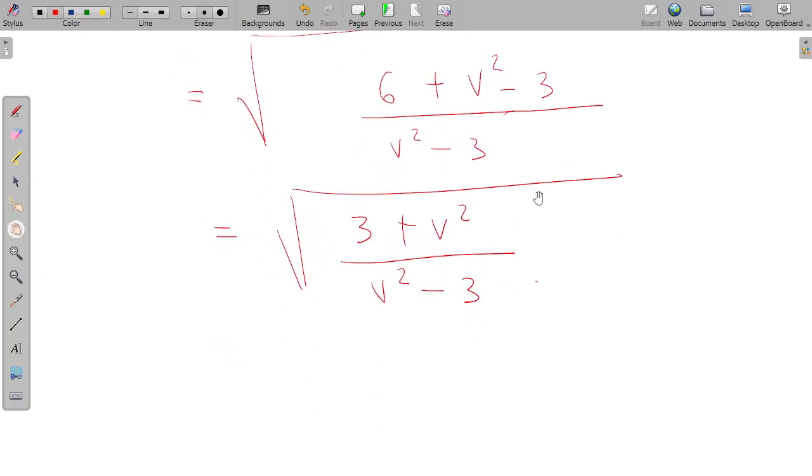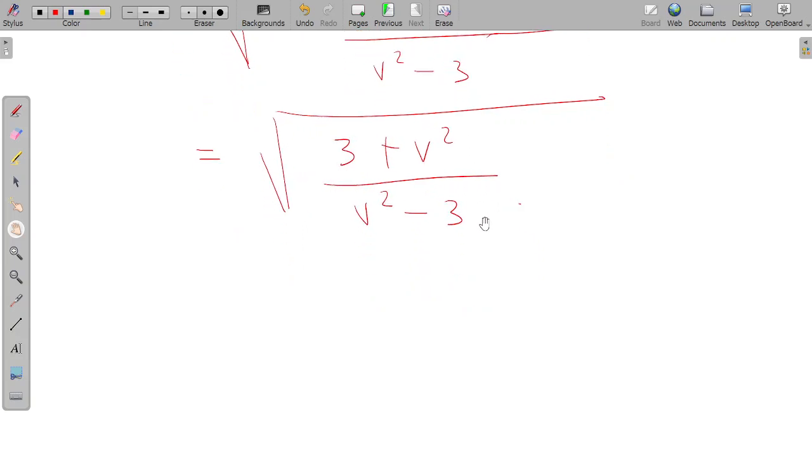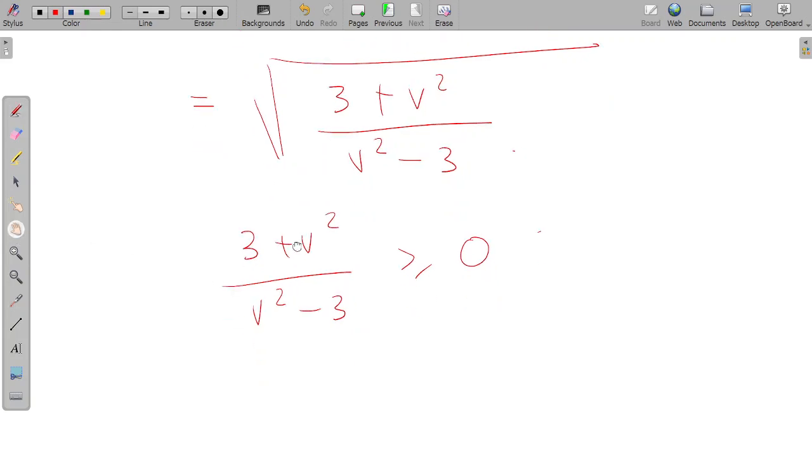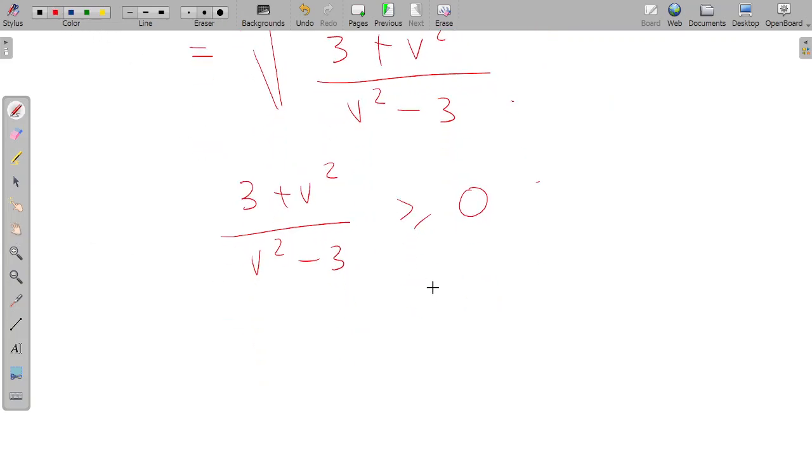And what is the domain of this? Again, don't forget, whenever we have the root, we don't want what is inside there to be negative. Just like the way we did in our previous video, this must be greater than or equal to 0. So if I solve this now, I'm going to have 3 plus v squared greater than or equal to 0.